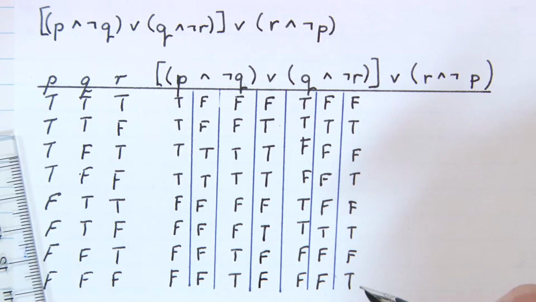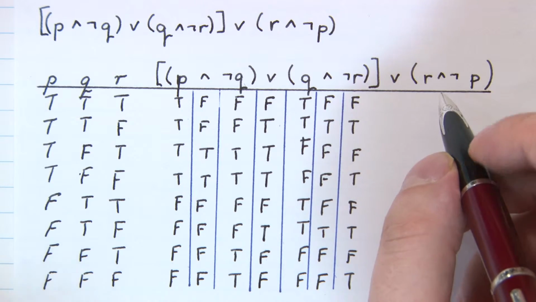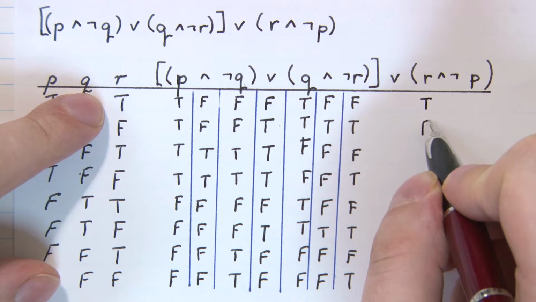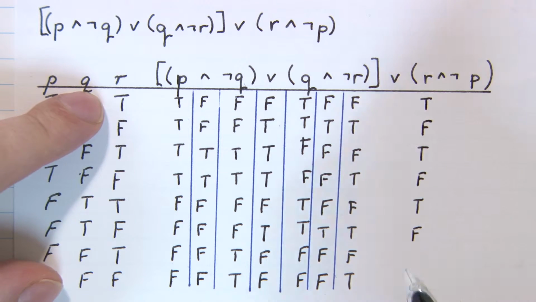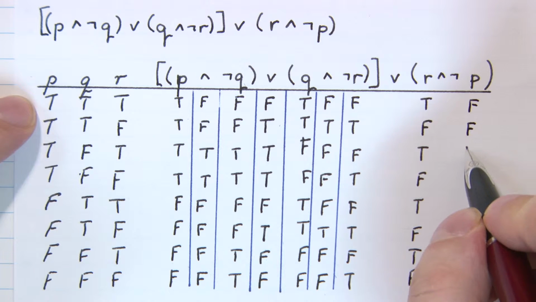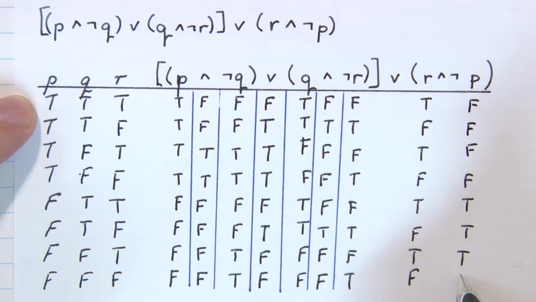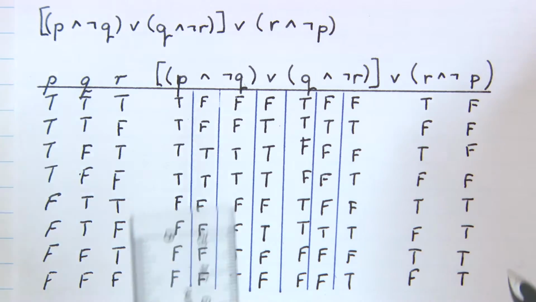Okay, and I have this one inside here, so I'm just going to copy out my R values. I have T, F, T, F, T, F, T, F, and then I do the negation of P, so that's 4 F's, 4 T's.